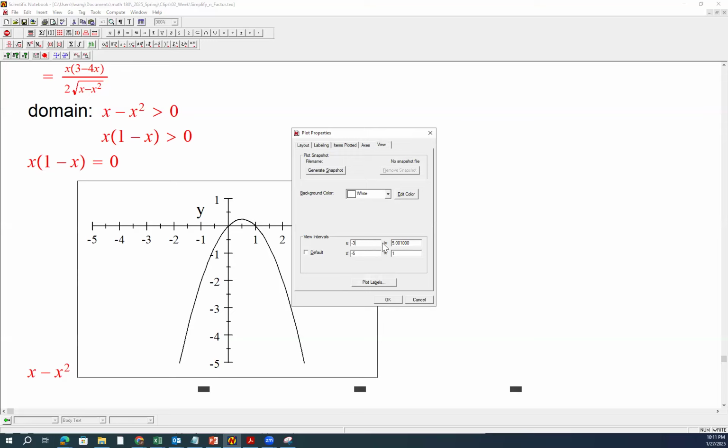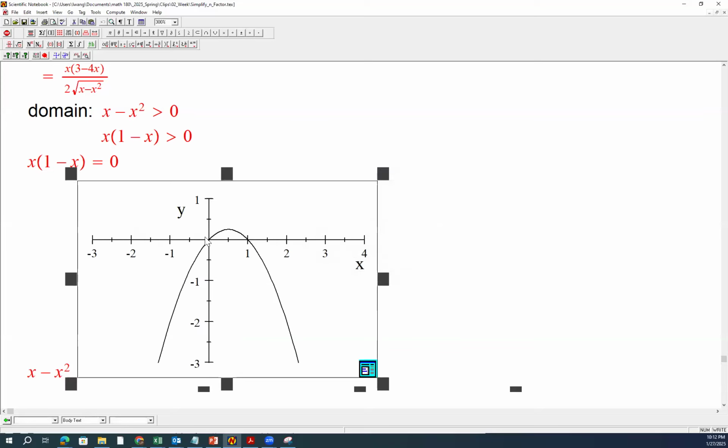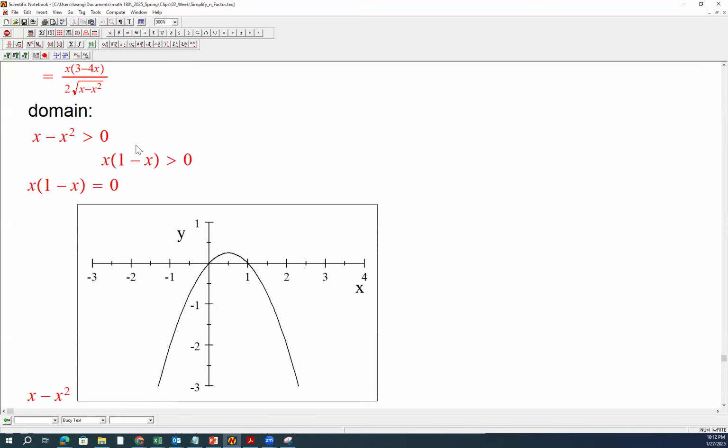So let me give you a little better picture here. Maybe it's -3 to +4. There we go. To make it positive, to guarantee this is meaningful, x has to be in the domain. The domain is actually very small, just this piece.